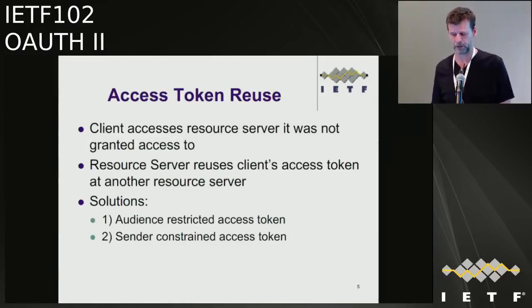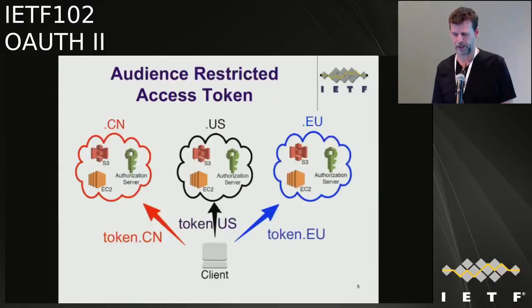And in this document, we work with the first one, which is audience restricting the access token. But there are other models where you want to constrain the sender. In audience restricted, essentially you get a token for each resource, and the client needs to track which token is for which resource.